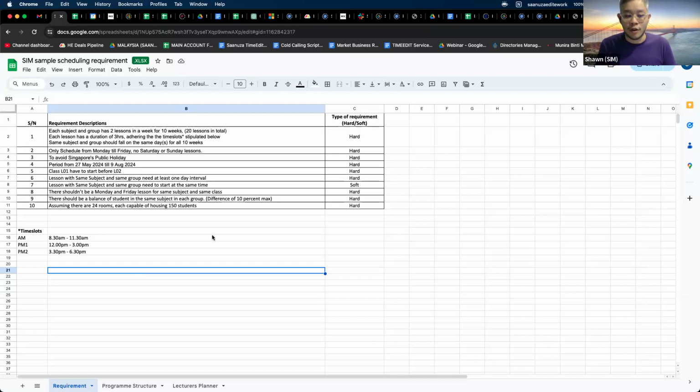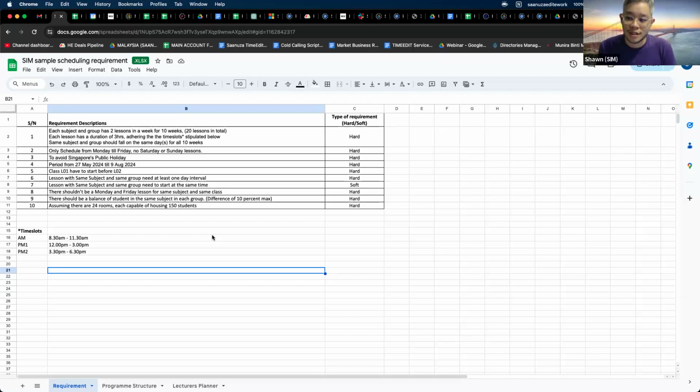But for SIM, we have other events, other programs running, a lot of other subjects, so availability is very low. If I gave you one whole list of rooms, then because we have so much resource, the limitation is not as limited anymore.